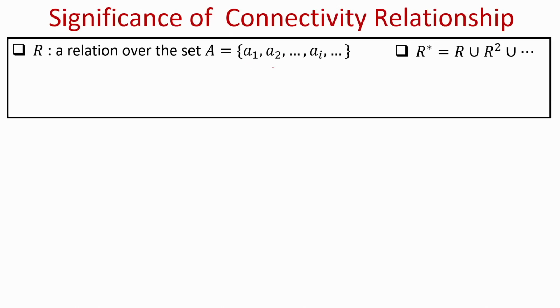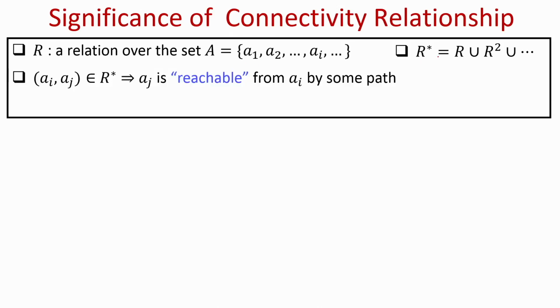So, imagine you are given a relation R, and R star is defined to be the union of different powers. If you interpret the connectivity relationship in terms of the directed graph representing your relation, then A_i is related to A_j in this connectivity relationship if A_j is reachable from A_i by some path, right, because (A_i, A_j) present in R star means it is present in some power of R, say the nth power.